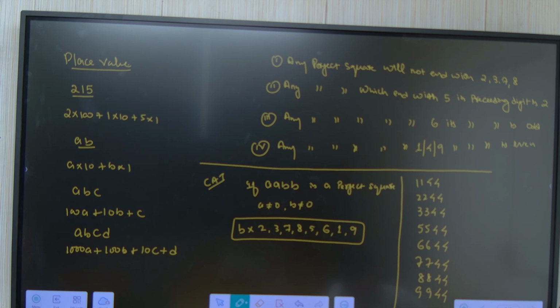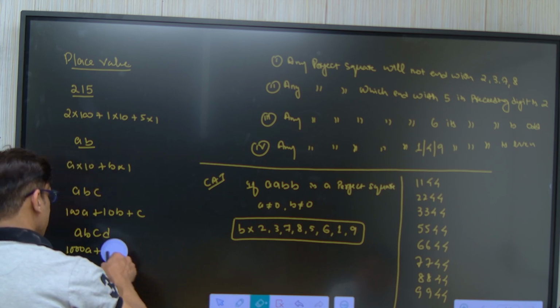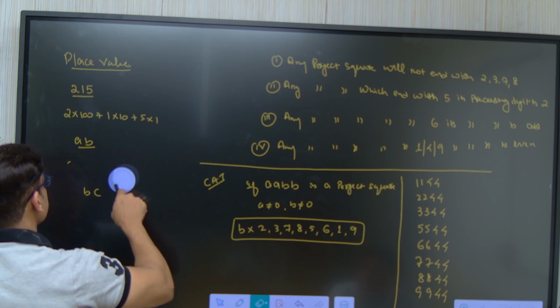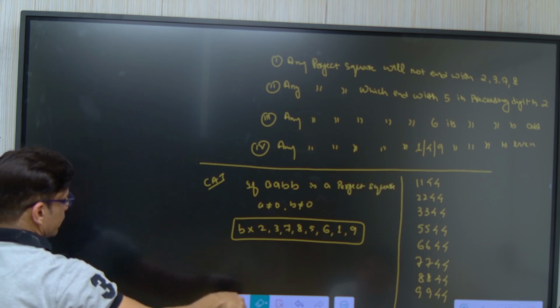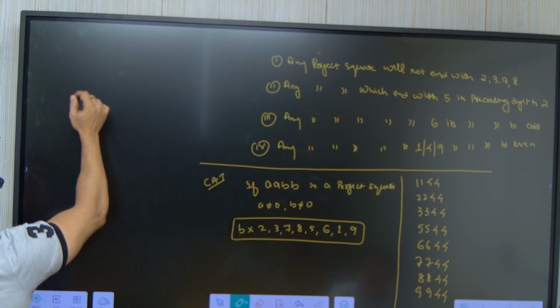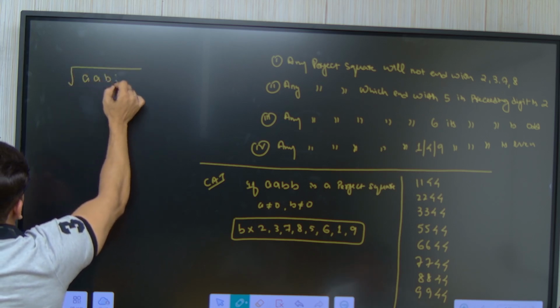Okay. Let's try to solve that question, because if I prime factorize the number AABB, prime factorization will take some time. So let's write this number as a perfect square. What number? AABB.